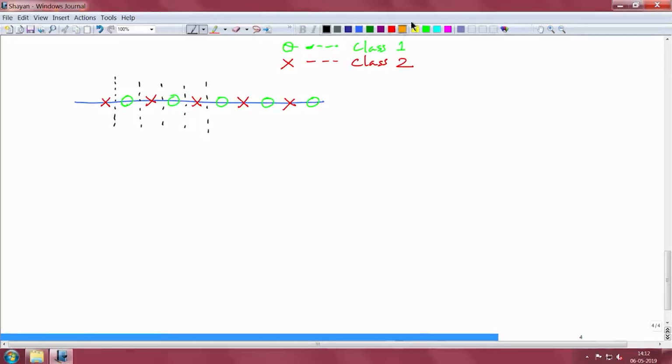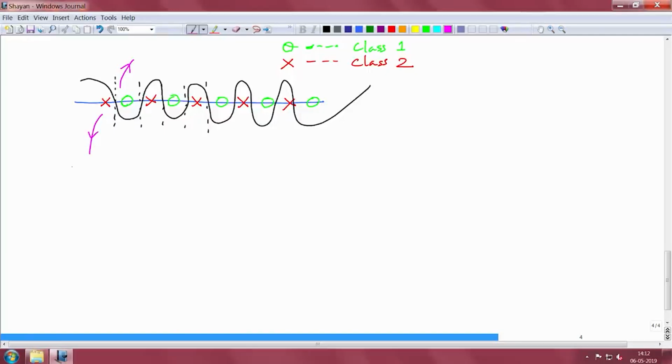But why can't I do this in this way? If I have a curve, let me use this black marker again. Suppose I have a curve which goes like this. And if I say everything that is on this part of the curve are these circles, and everything lying on the other side of the curve are these crosses.